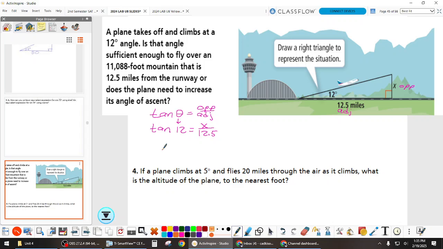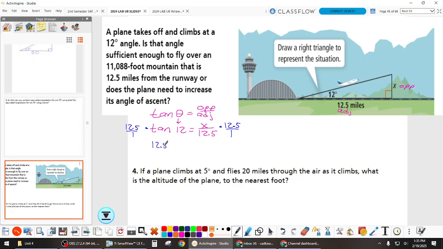How do we get x by itself? Yep, this says divided by 12.5, so just multiply by 12.5. You can put an over 1 if you want. Like that. Okay?